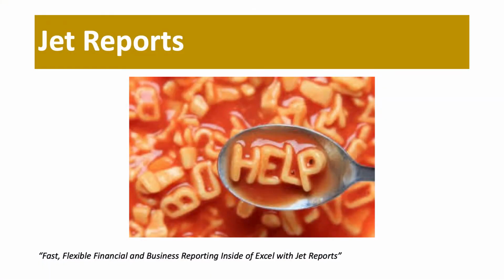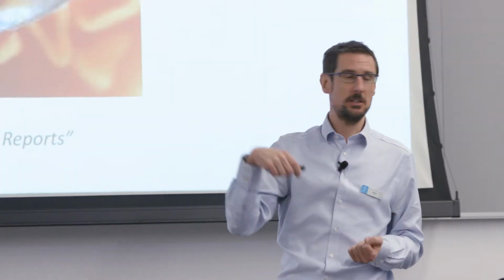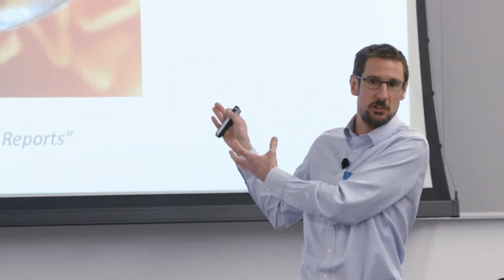But I think they've got over 14,000 companies worldwide that use Jett Reports. For us, it really is kind of an essential part of an implementation, part of your NAV system. And what I liken it to is putting your spoon into your alphabet spaghetti and getting out the bits that you want. It's quite directed.